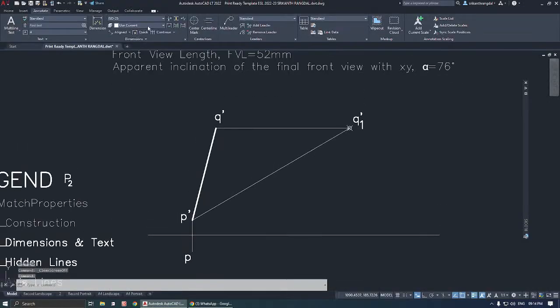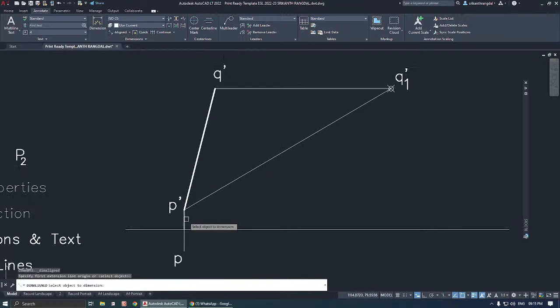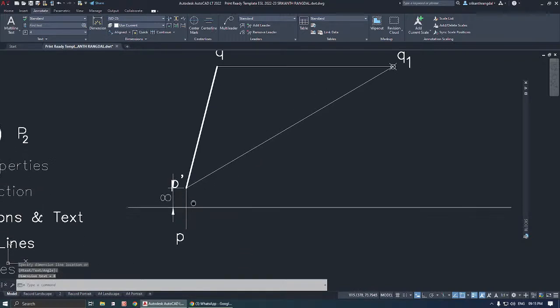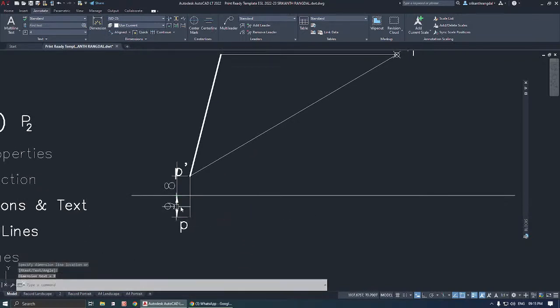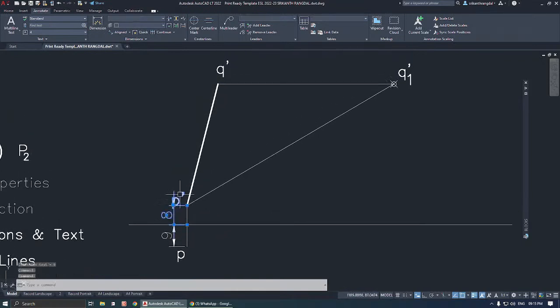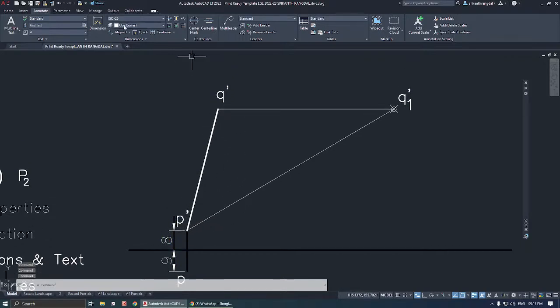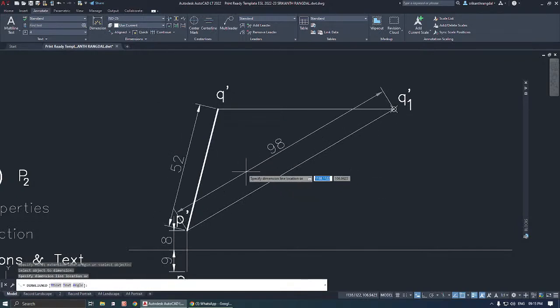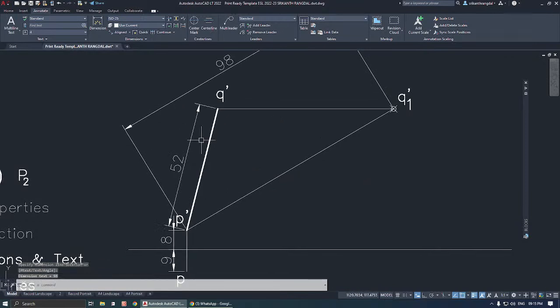So let us just show what information is given. This length is given here, and this length is given here. Let's place this in an empty space over here. Then what other length is given? Front view length is given. True length is given. Let's keep it somewhere here.